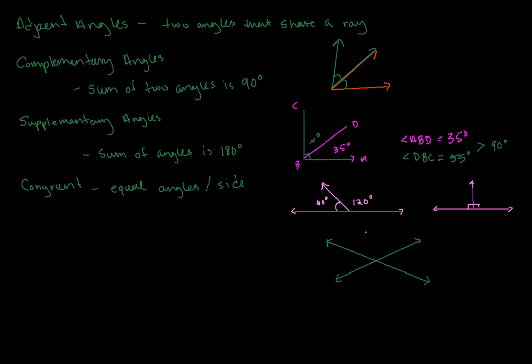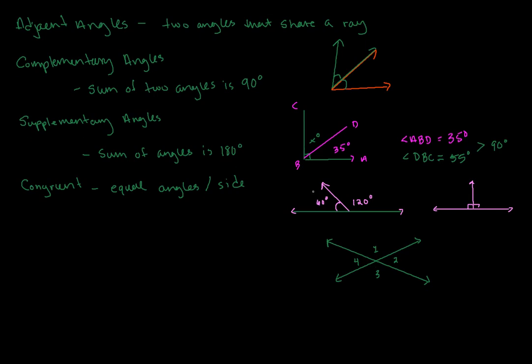They're not necessarily perpendicular. We'll call this angle 1, angle 2, angle 3, angle 4. Okay. And we have a relationship here, a relationship that in geometry can help us do some detective work and try to figure out the size of the angles.